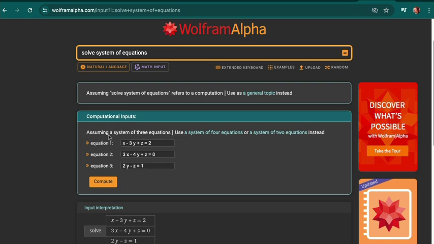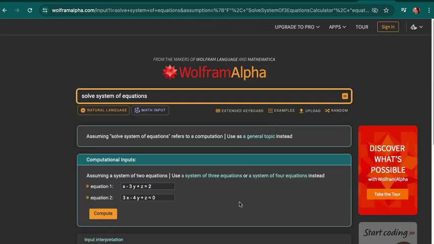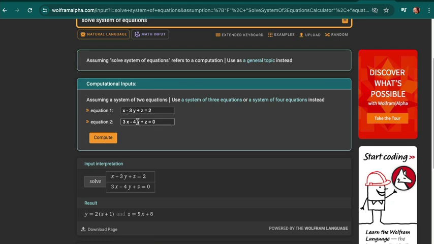It says we're assuming a system of three equations. So if we don't have three equations, there's a link here for either four equations or two equations. So I'm going to click on the link for a system of two equations instead. So now we have two prompts for the two equations.